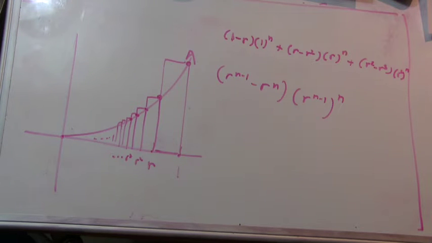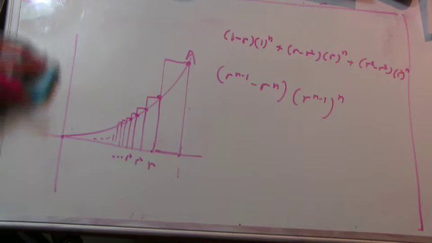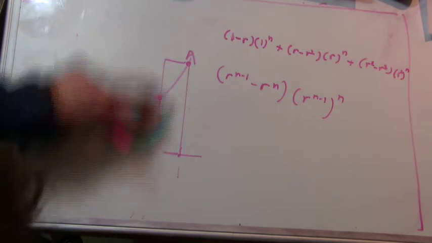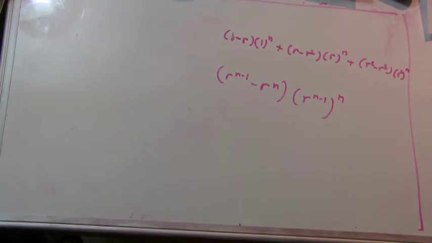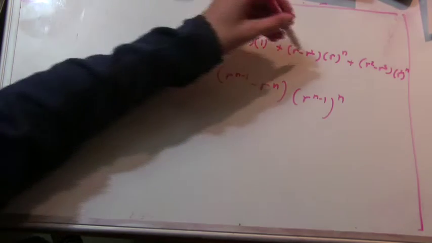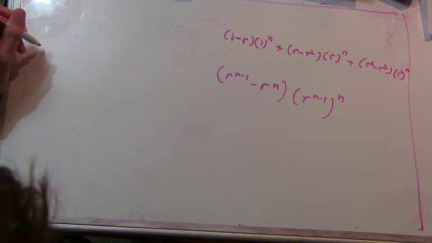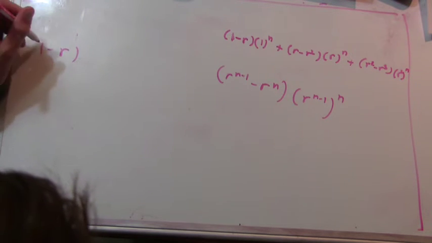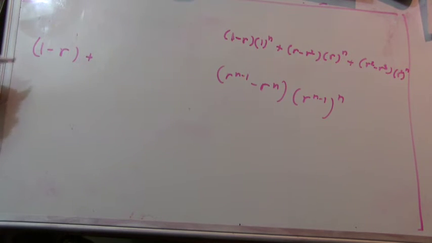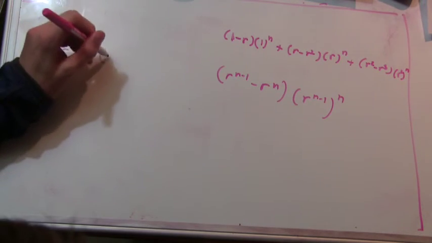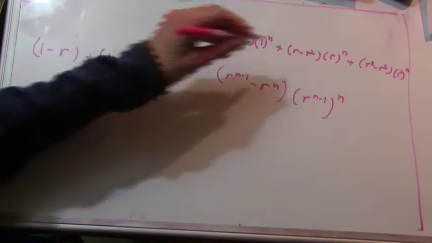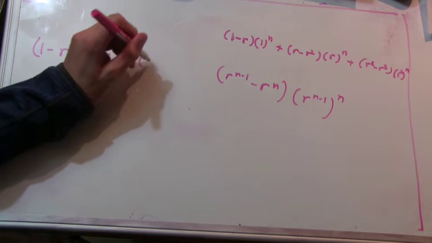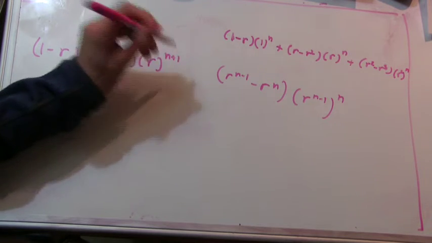Okay. I'm going to erase this just so I have a little bit more space. So then I believe they factor it. They keep the first term the same. It's 1 minus R. And then I think they factor in R. So they do 1 minus R, and then they take an R out of here and they go R to the n plus 1.